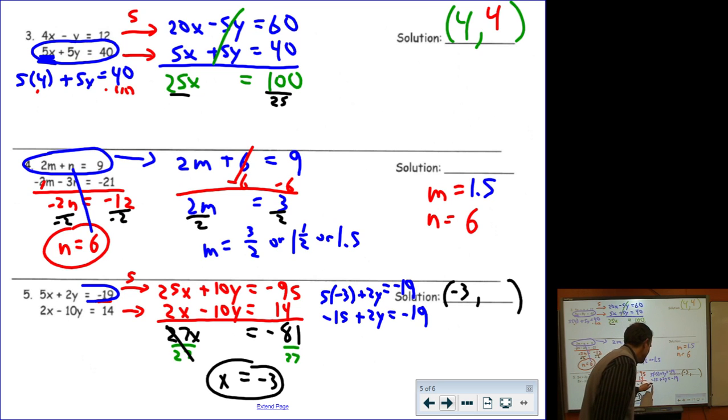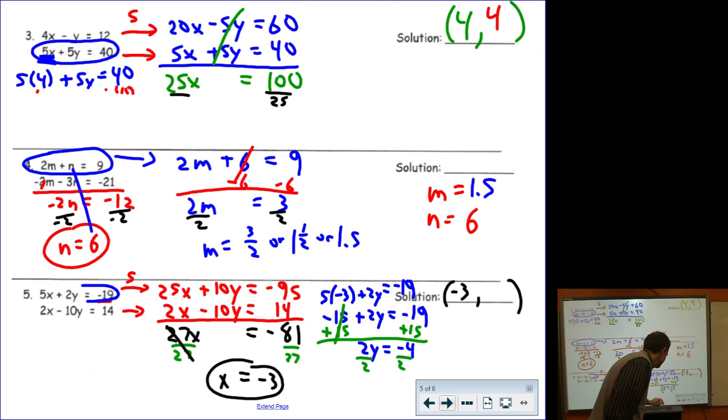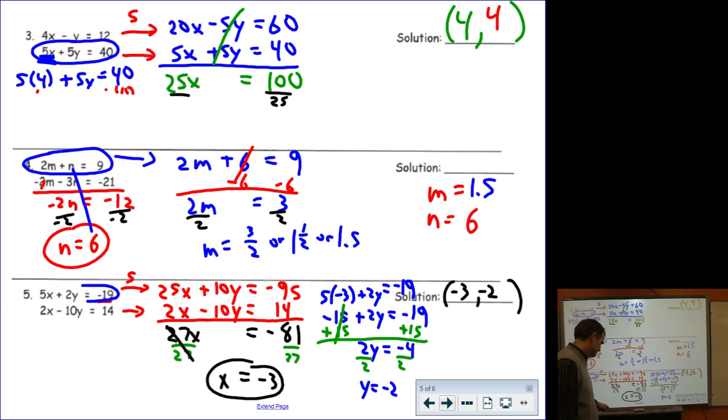I can solve that by adding 15 to both sides, giving me 2y equals negative 4, dividing by 2, and I end up with y equals negative 2. And I have now solved that system.